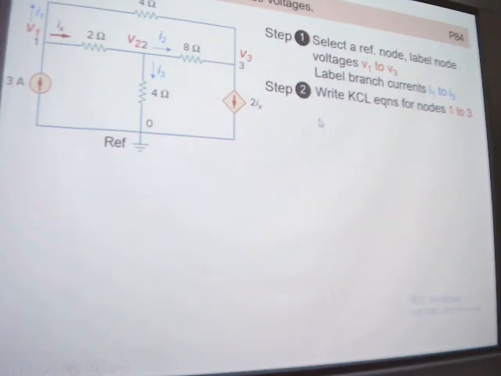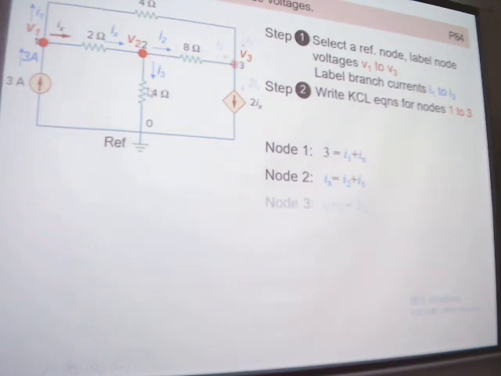So step 2, we write the KCL equation for node 1, node 2 and node 3. For node 1, the current going inside is equal to the current going outside, which is I1 plus Ix. Clear? Look at node 2. KCL law. The inside is equal to the outside. So our Ix is equal to I2 plus I3.